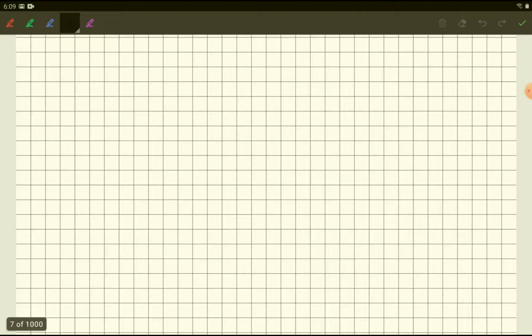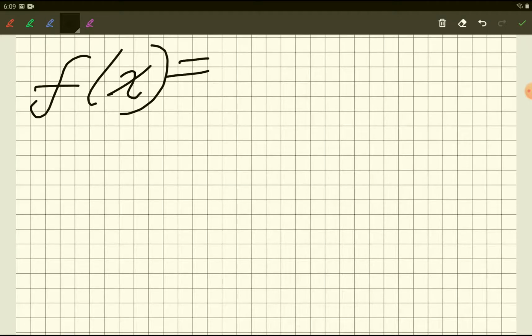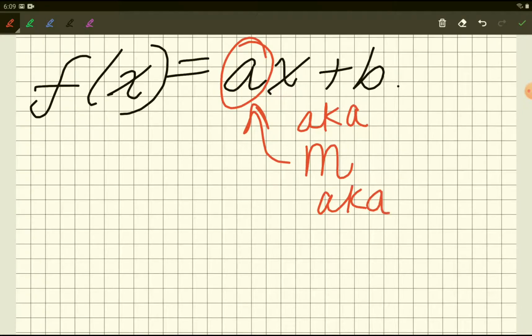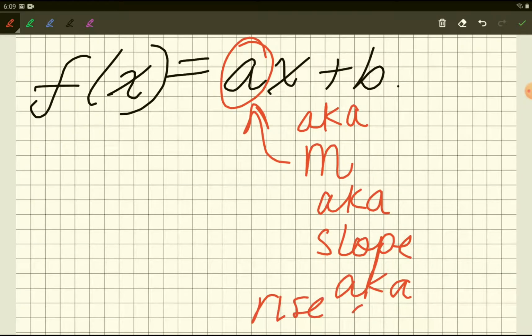Linear functions. Let's talk about linear functions. This is the form of a standard linear function. In this scenario, A is also known as M, aka slope, aka rise over run.